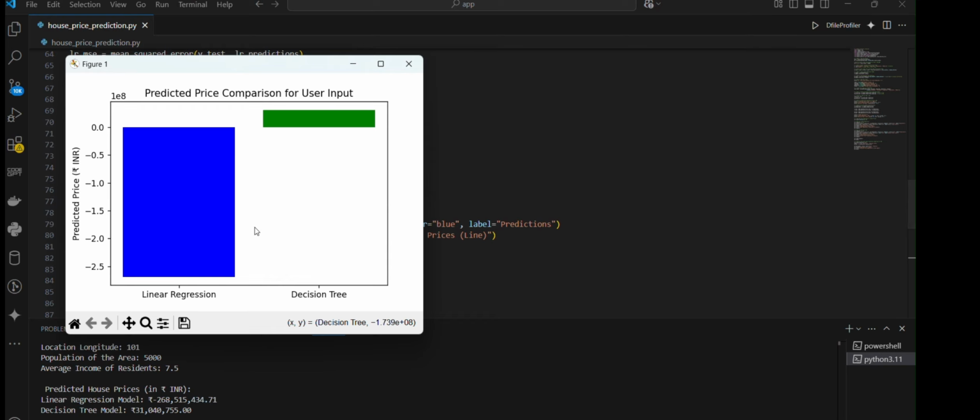And yeah, this also gives us a graph comparing the linear regression and decision tree. This also shows how the linear regression model gives the output and the decision tree.